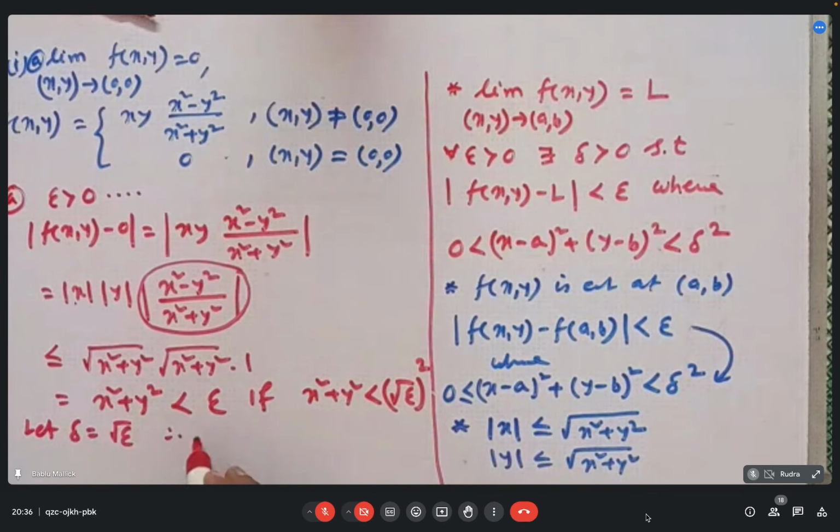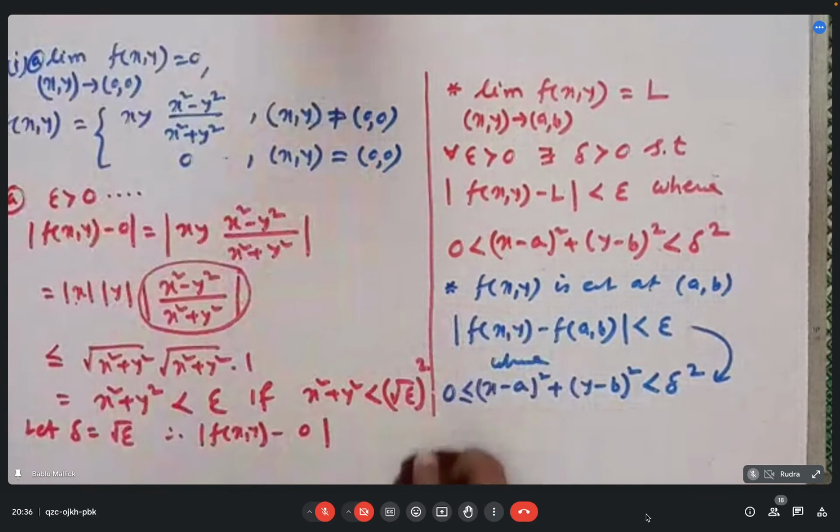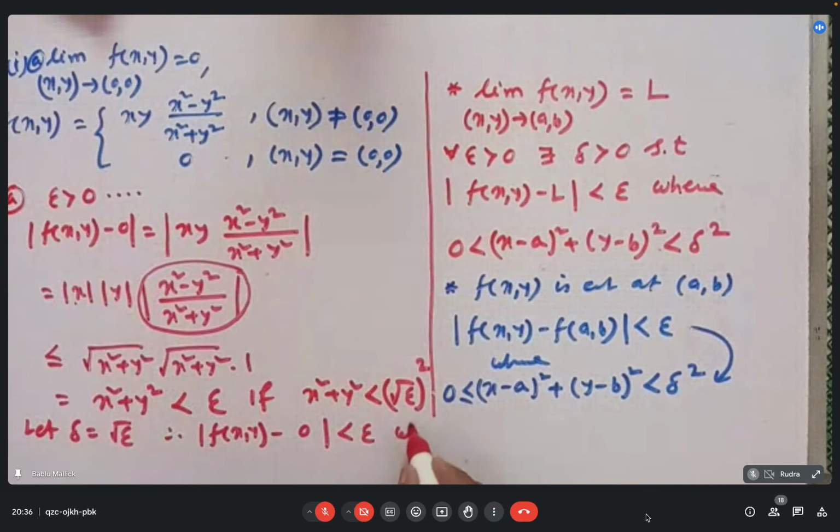Therefore |f(x, y) − 0| is less than epsilon whenever x² + y² is less than delta².